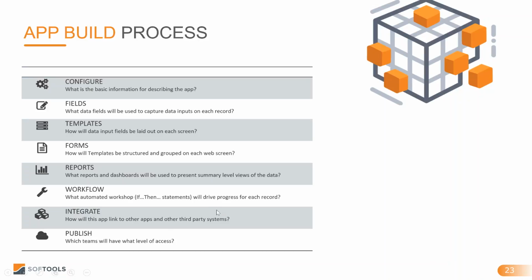We've then got 2 more slightly more complicated parts of the process, and often these are not put in place with the initial app build. One is all about workflow. Workflow is the thing that drives the way in which people will work with an application and the way in which information may flow.